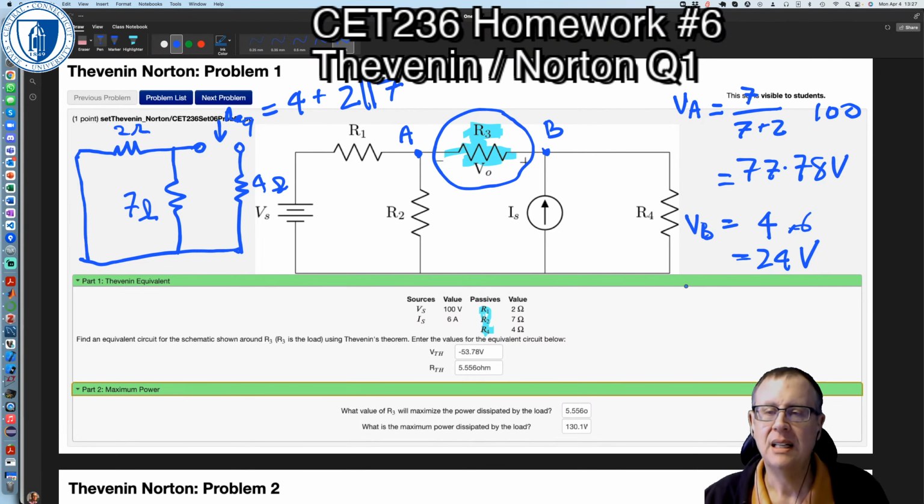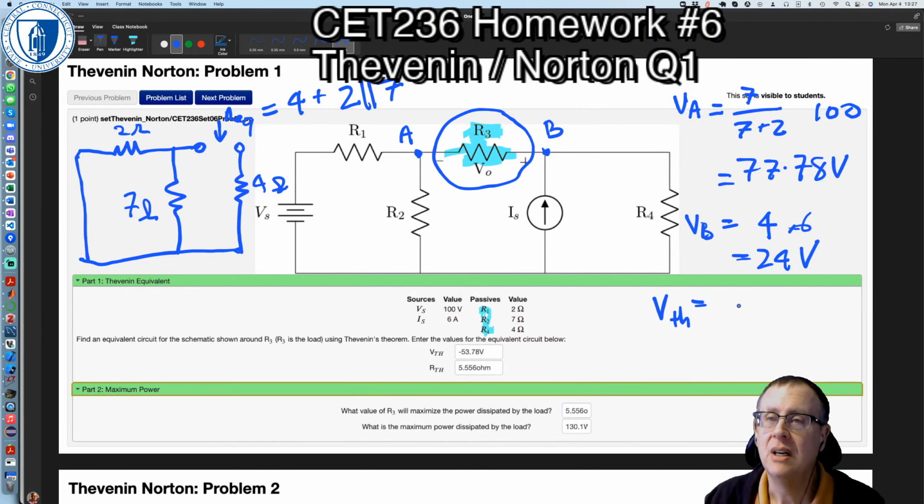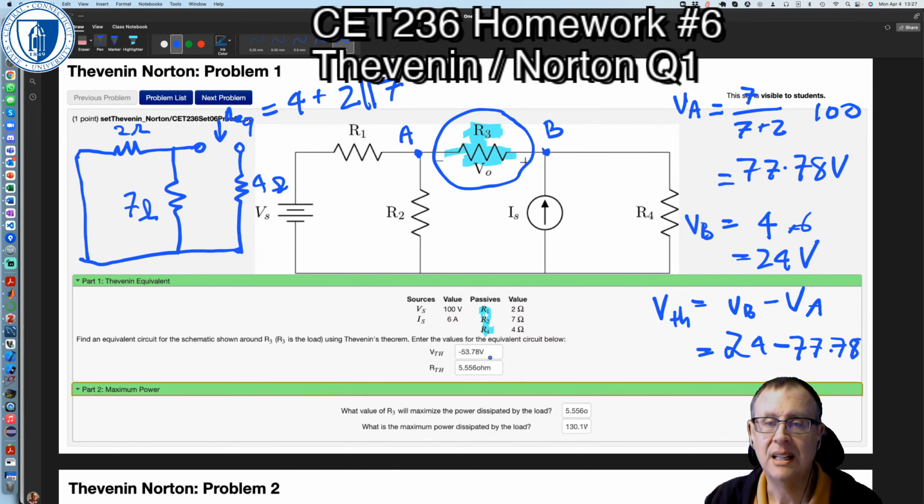Okay, and then the output voltage, or the Thevenin voltage, the open circuit voltage, is going to be VB minus VA, and so that's 24 minus 77.78, and that should give us our minus 53.78 volts.